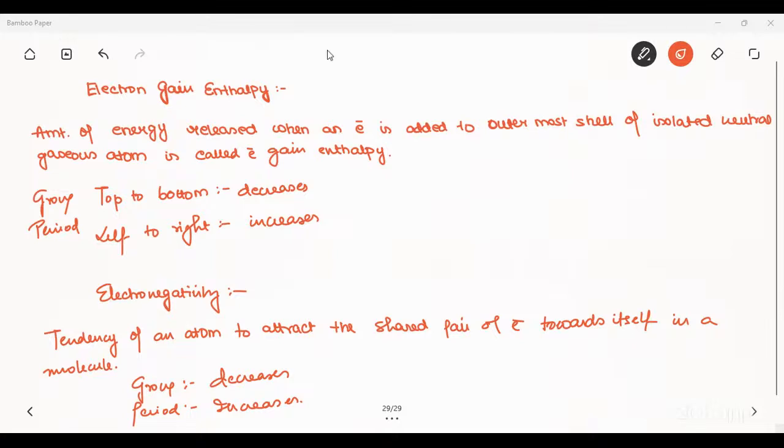So the first thing that has been asked to you, how it varies, is atomic radius. Okay, so the atomic radius decreases from left to right across a period.